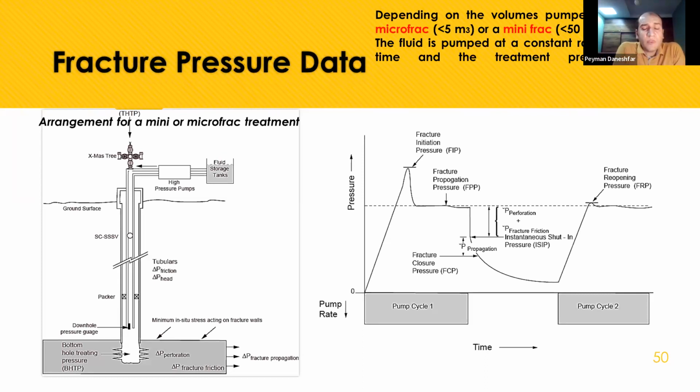If you see here, this is a chart that shows how we can find the fracture initiation pressure. This graph is an important chart that we should know, and we should know all the parameters here, and from it you can find the fracture initiation pressure, fracture propagation pressure, fracture closure pressure, and also the minimum horizontal stress.